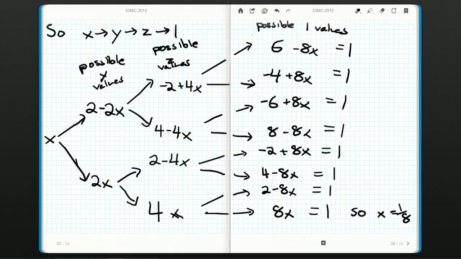So 2 minus 8x equals 1. Well, that's negative 8x is equal to negative 3. All right. So 3/8, well, yes, that's definitely less than a half. So we double it to 6/8.